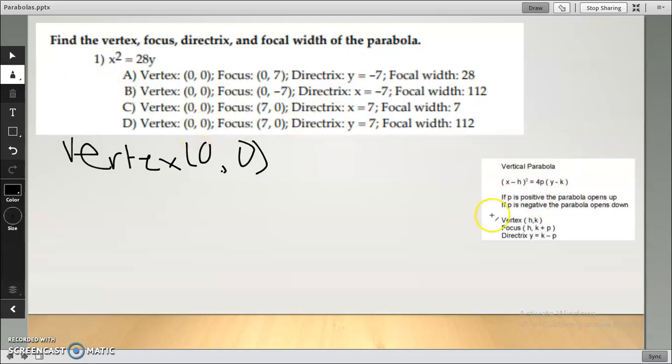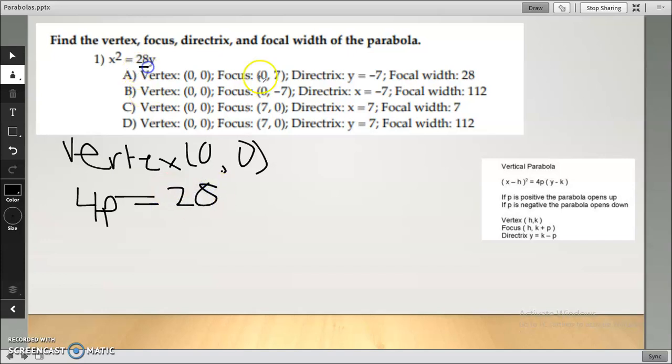The focus is h, k plus p. So if the focus is h, k plus p, I know that my k is 0. I'm sorry. First of all, I know that 4 times p is equal to my 28.